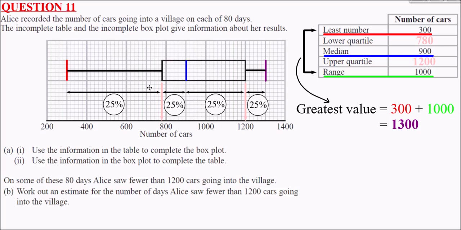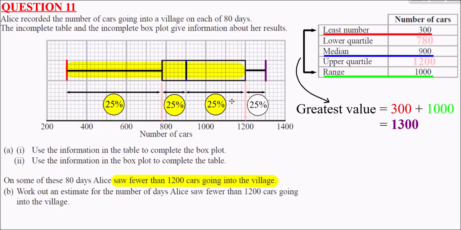So I'm highlighting yellow the bit of this box plot we're interested in. We're interested in essentially this section here. So 75% of the recorded data is our best estimate for the number of days with fewer than 1200 cars.